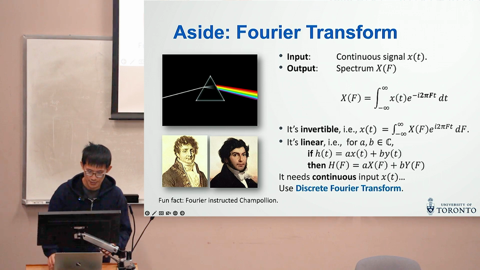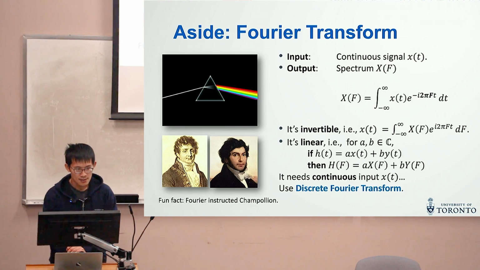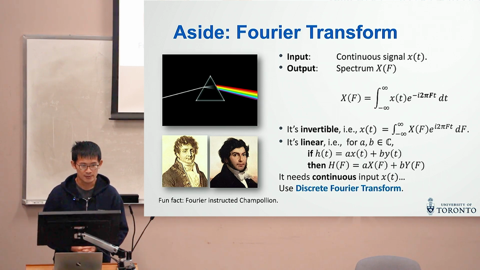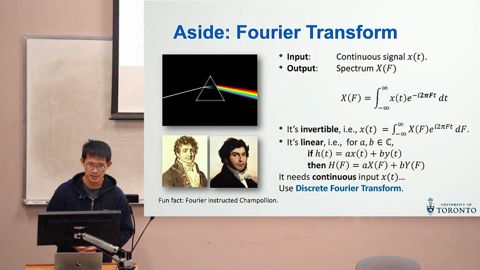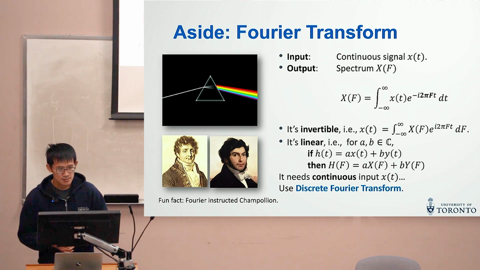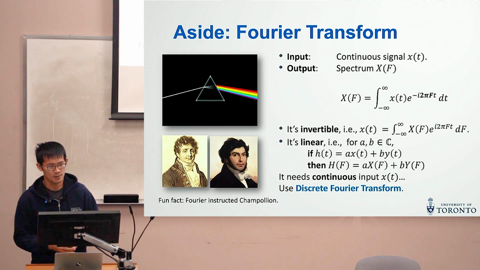So how do we compute the spectrum, or how do we go from the time domain to the frequency domain? The standard procedure is the Fourier transform. The Fourier transform is not going to be in the exam, and I'm just going to briefly explain it for informational purposes. So the Fourier transform essentially computes the spectrum of this signal.